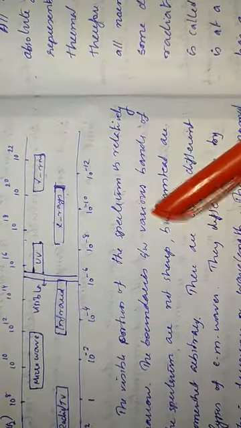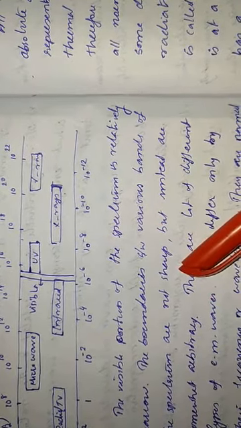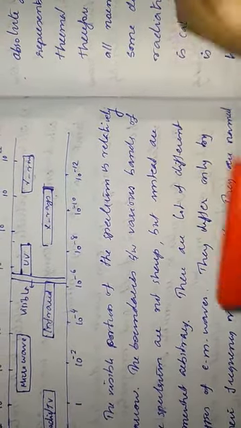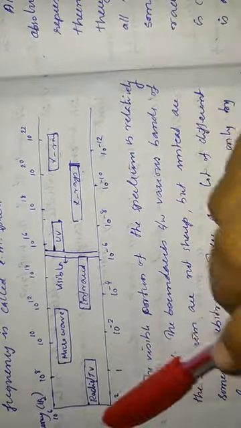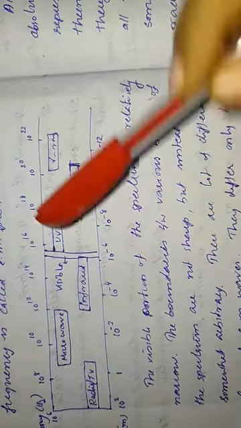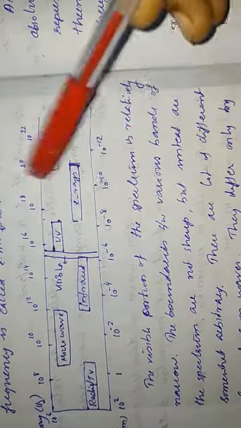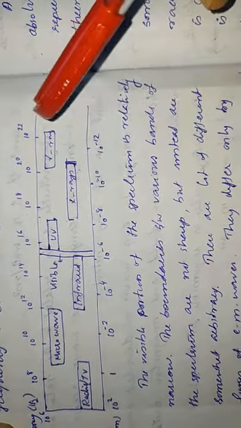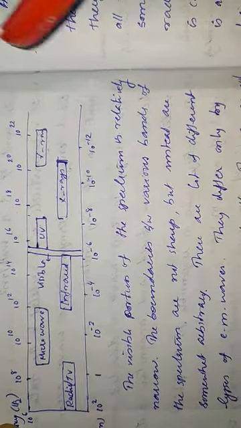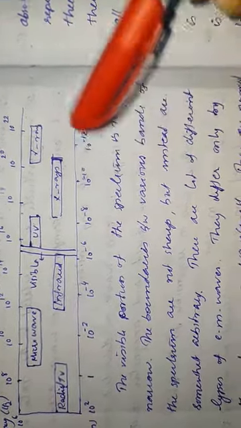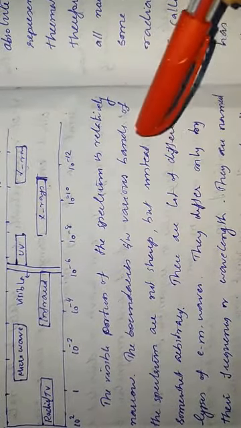The boundaries between various bands of the spectrum are not sharp here, but instead are somewhat arbitrary. So here we have shown the spectrum model, and the boundaries shown here are not fixed, or there may be slight changes.